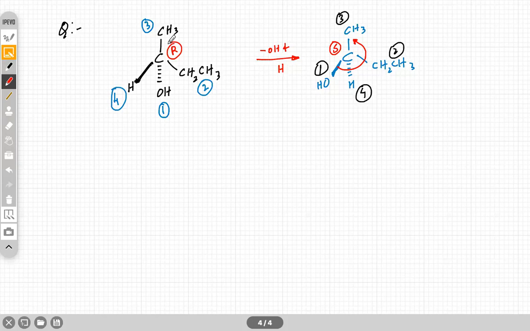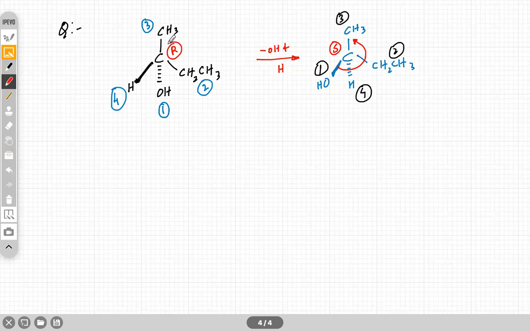Understood, all of you? So you must remember how to do this and the condition for this molecule.